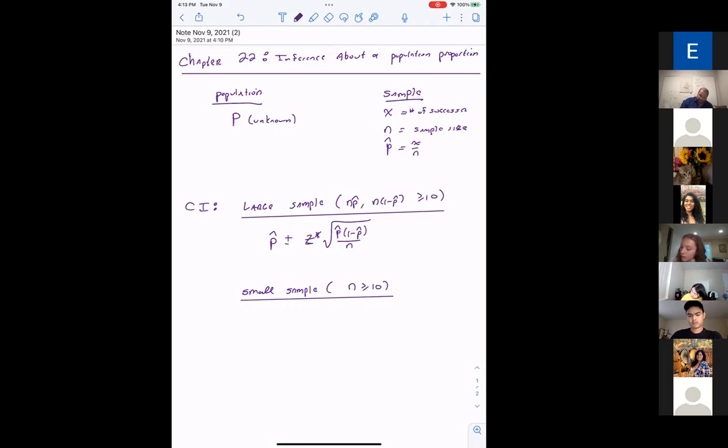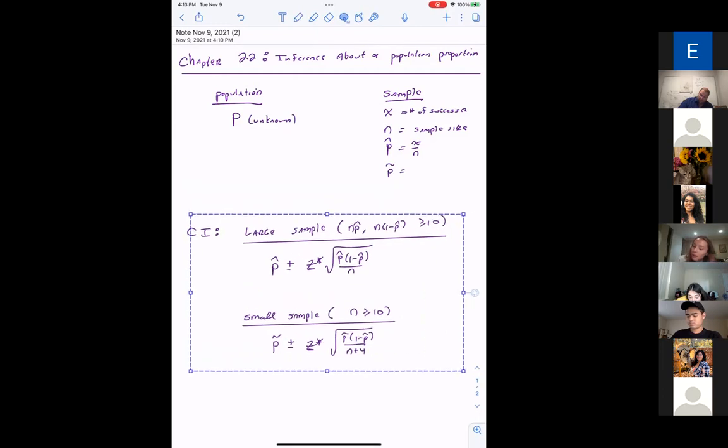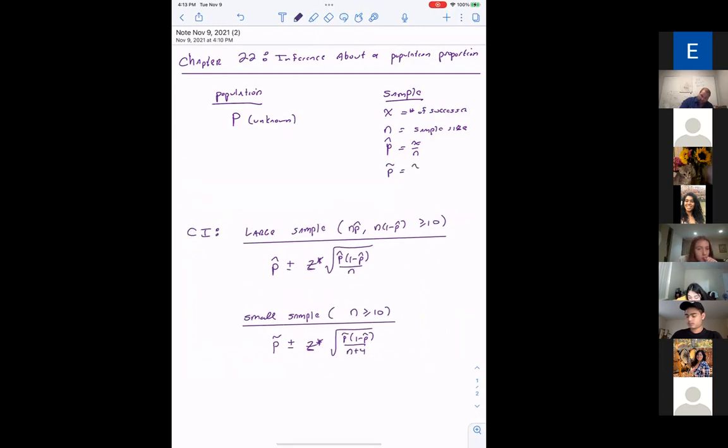Is it p twiddle plus or minus z star, and then the square root of p twiddle times 1 minus p twiddle over n plus 4? And what is p twiddle? We do x plus 2 over n plus 4? Yes, x plus 2 over n plus 4. Okay, so we certainly did confidence intervals.